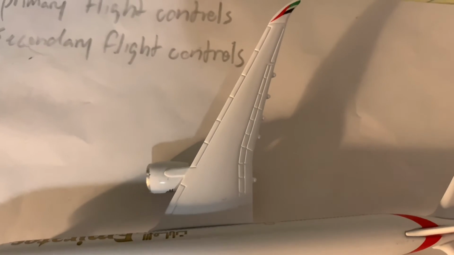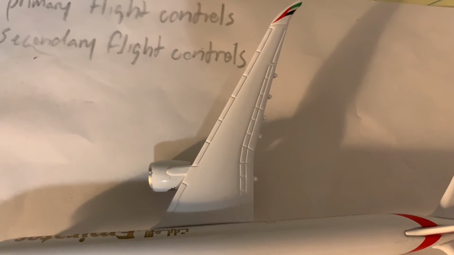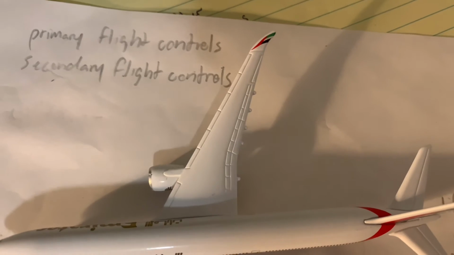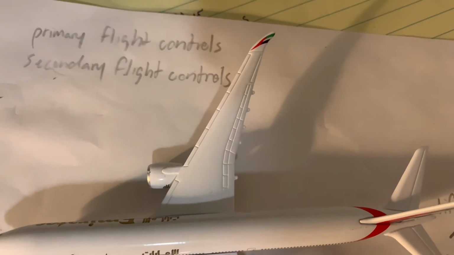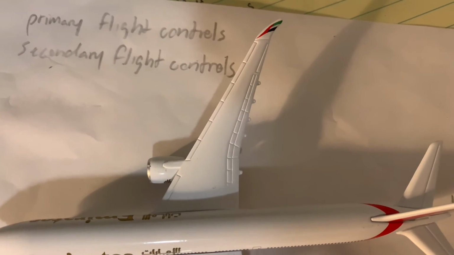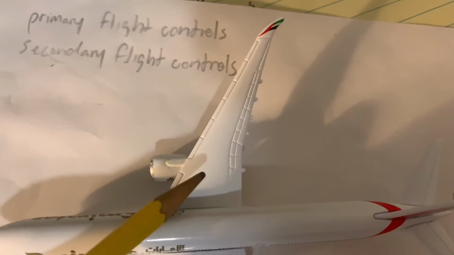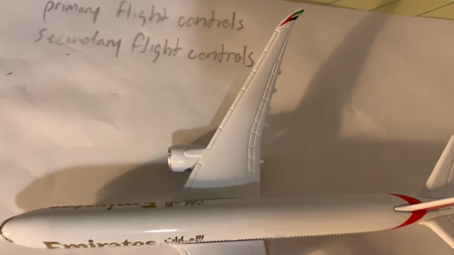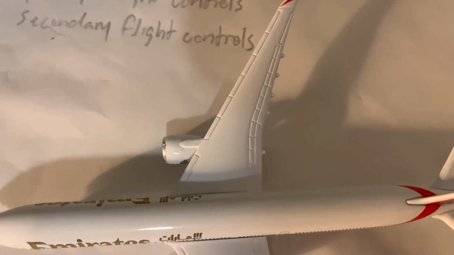And again, you see these on landing. It's the top part of the wing that flops up, basically. And again, its purpose is to slow down the aircraft. It's basically reshaping the wing so that it's not as aerodynamically efficient as it is in flight.